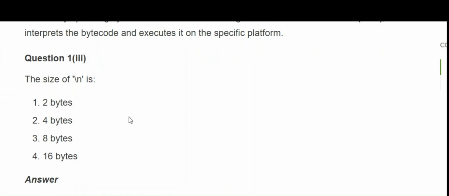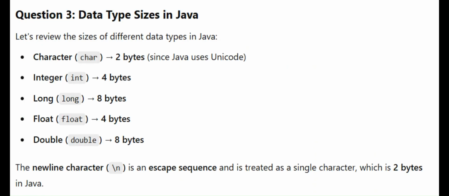The size of \n is 2 byte, 4 byte, 8 byte, 16 byte. \n is an escape sequence character. Let's review the sizes of different data types in Java. The new line character, \n, is an escape sequence and is treated as a single character, which is 2 bytes in Java. This is a character, so it is 2 byte. Integer is 4 byte.